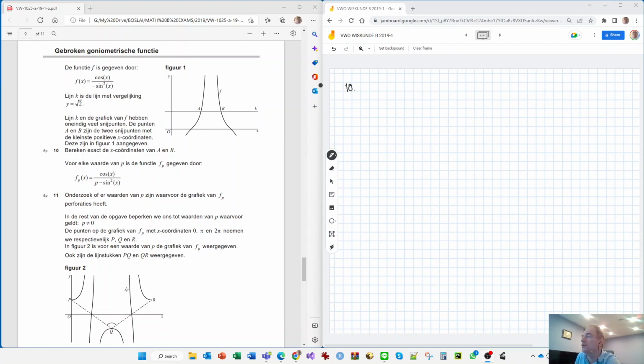Okay, so we need to solve cosine x divided by minus sine squared of x is equal to the y value of the line, square root of 2.